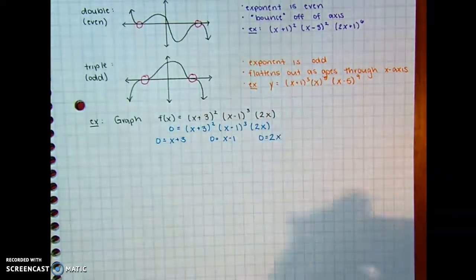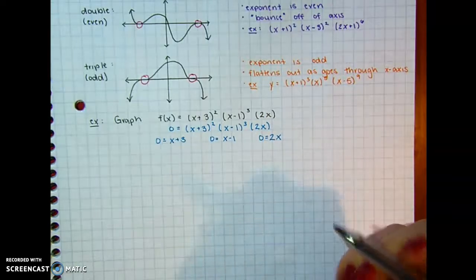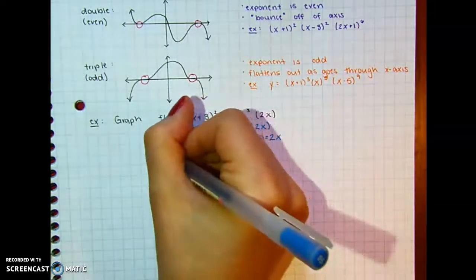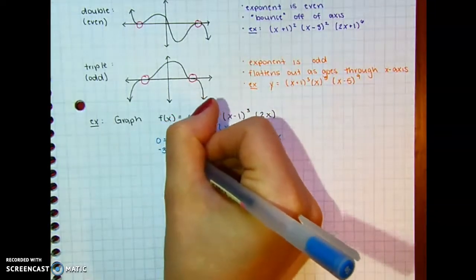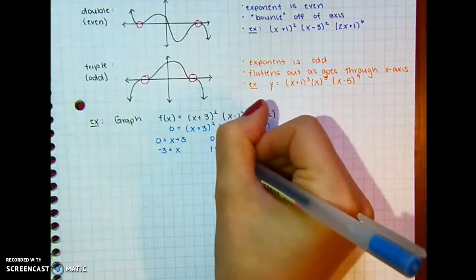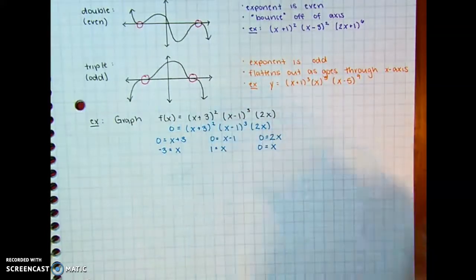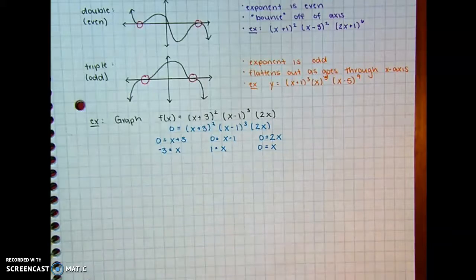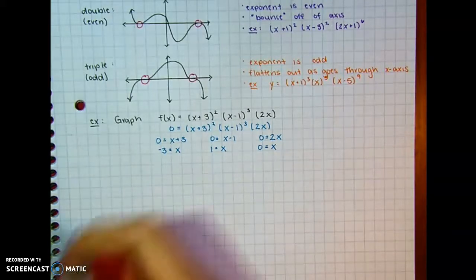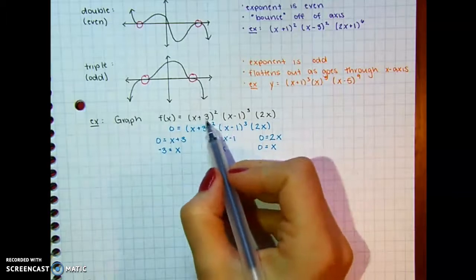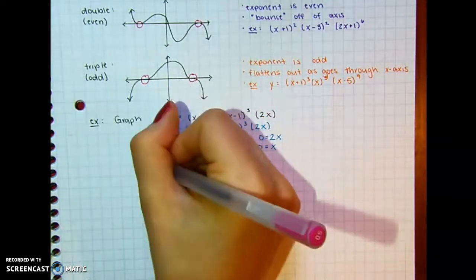So zero product property, and we're going to solve for each root. So this will be -3, +1, and 0. Then you can either do this in your head, or I like to write it down, and I recommend writing it down. So because this is squared, this is even.